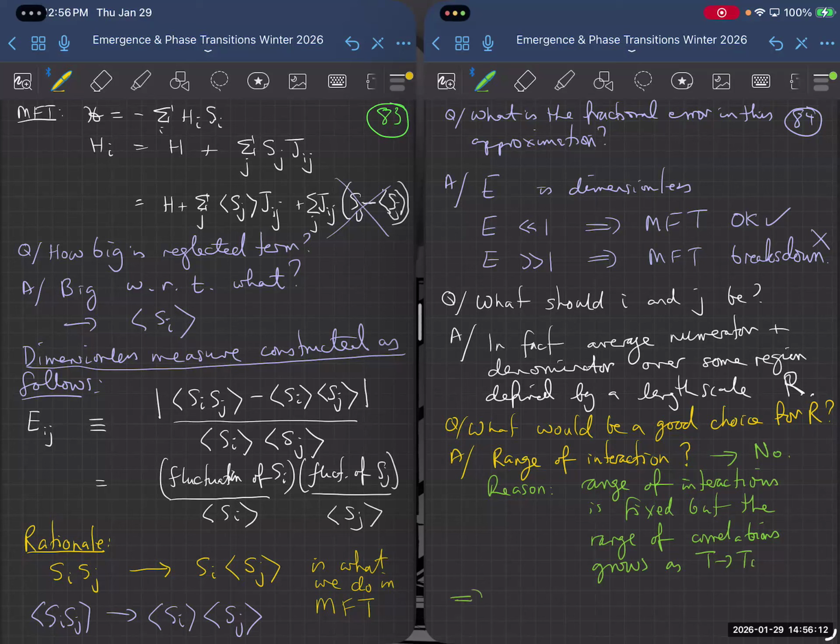So that means that we should be choosing an R that is proportional to the correlation length, which is a function of temperature. Okay?